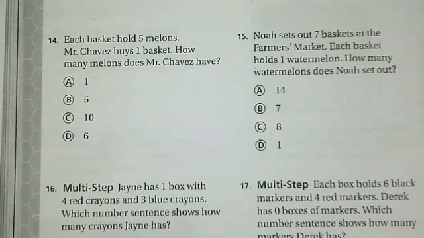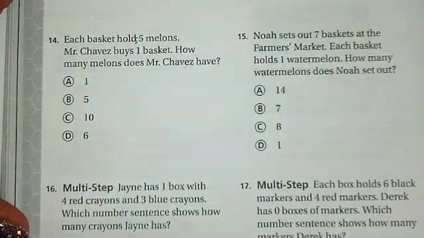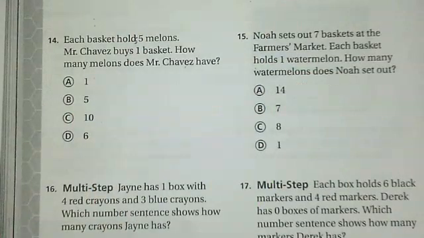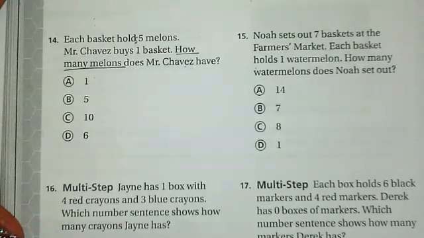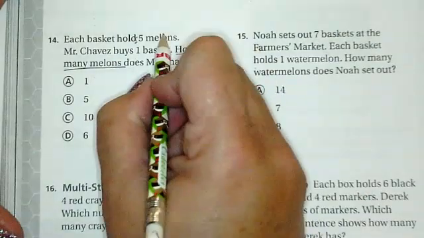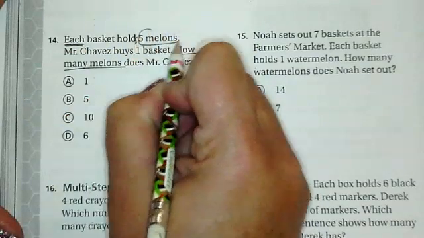All right, number 14. Each basket holds, it should say holds, each basket holds 5 melons. Mr. Chavez buys 1 basket. How many melons does Mr. Chavez have? So how many melons is what we're looking for. What do we know? We know each basket holds 5 melons.